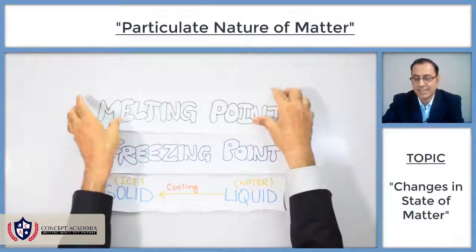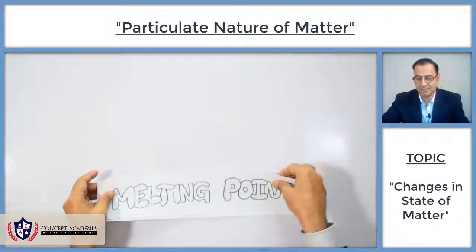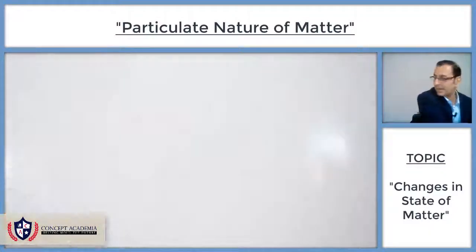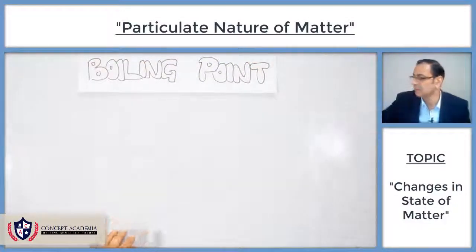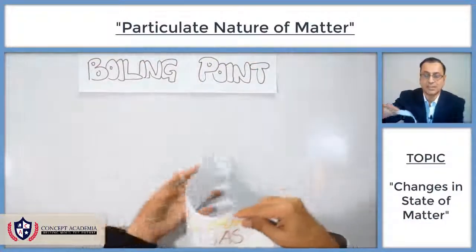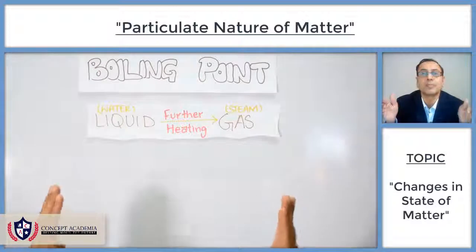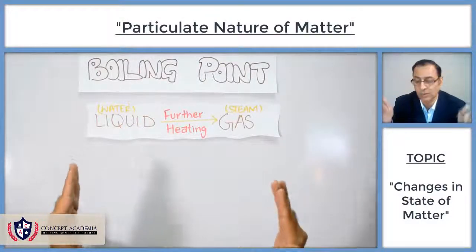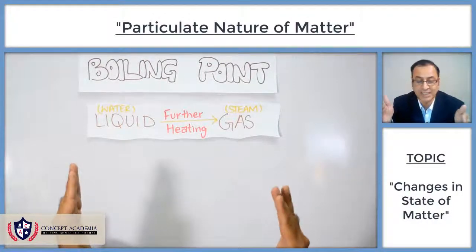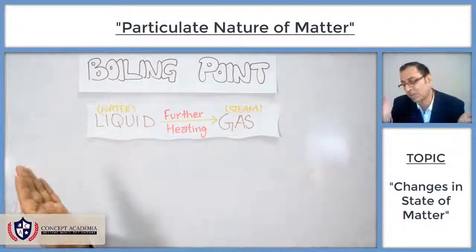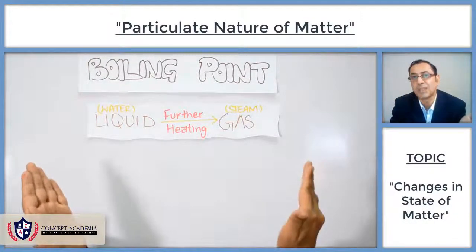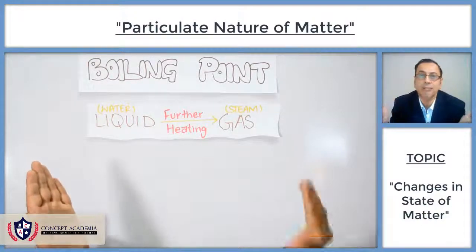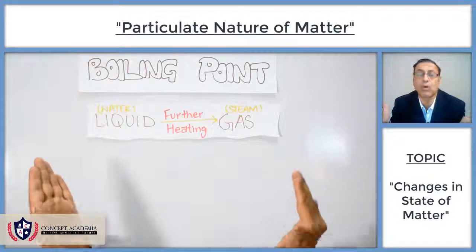The next is the boiling point. When we provide heat to a liquid, on further heating, the liquid can be converted into gas. For example, liquid water can be converted into steam, and the temperature at which it takes place is called the boiling point.